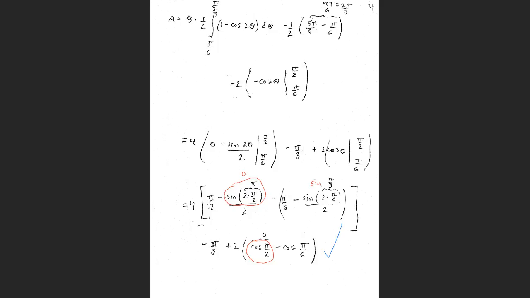And the sine of pi over 3, that's not hard. Sine of 60 degrees is just root 3 over 2, right? And the cosine of 30 degrees, that's not hard. That also equals root 3 over 2. So smaller angles are always easier to work with.